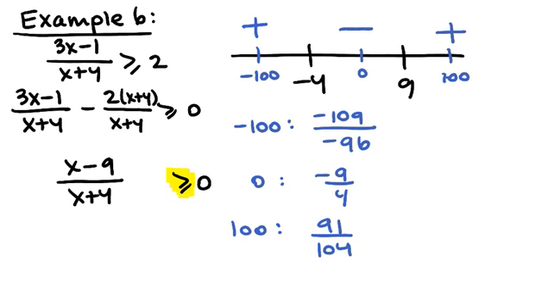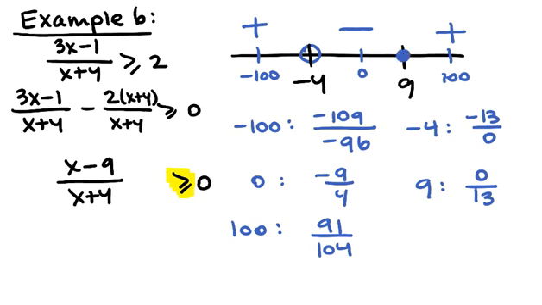So I'm going to talk about x equals -4. I'll have, well, that'll be -13 over 0. That is not equal to 0. So we're not interested in that. And then +9 is going to be 0 over 13. And 0 over 13 is 0, so I will include that.